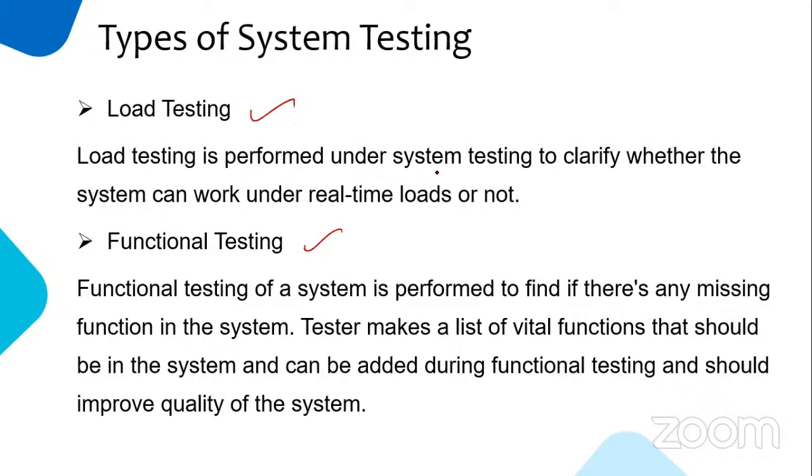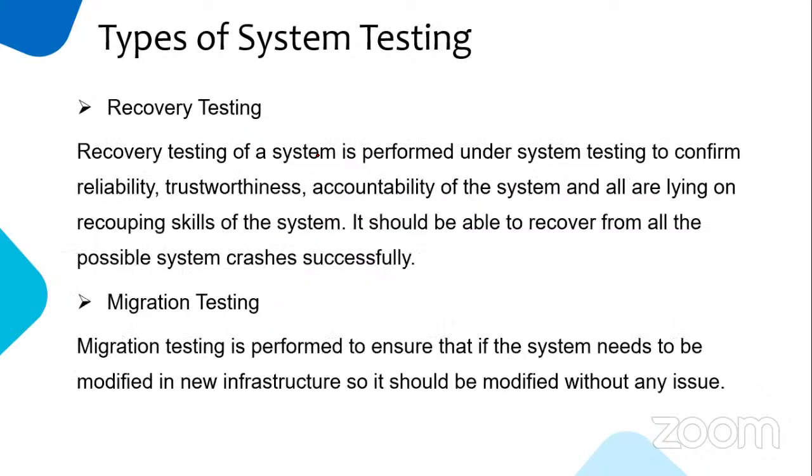Load testing means how the application works when many people log in suddenly, whether all the functionalities are working; I can put it under non-functional testing. We have already discussed this. Recovery testing means if suddenly your system crashes, whether we are able to recover the data or not. They will check it.